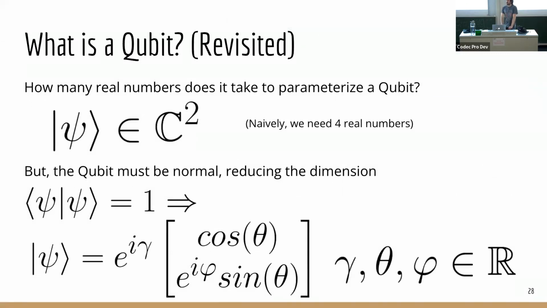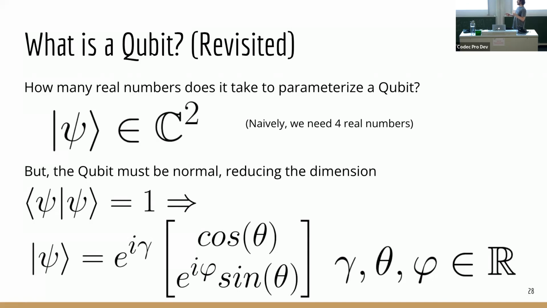So now that we know a little bit about measuring qubits, I want to revisit this question of what a qubit is and how we can represent it. How many real numbers will it take to parameterize the qubit? If we think about a qubit just as a vector in this two-dimensional complex space, you would think, okay, I need 4 real numbers to represent this entity.